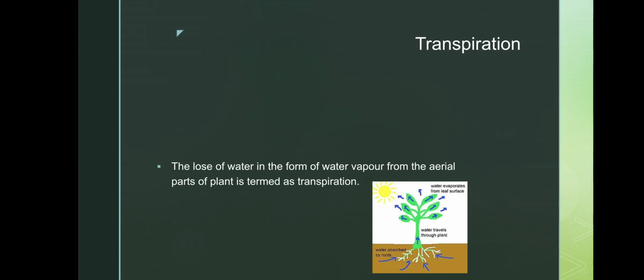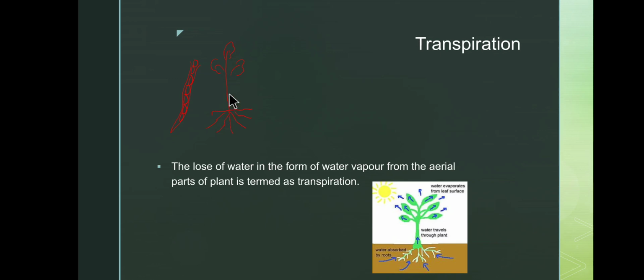Now, once the water has moved inside the root, it needs to move further, it needs to go up the plant. How is this process taking place? This process is facilitated with the help of another process known as transpiration.